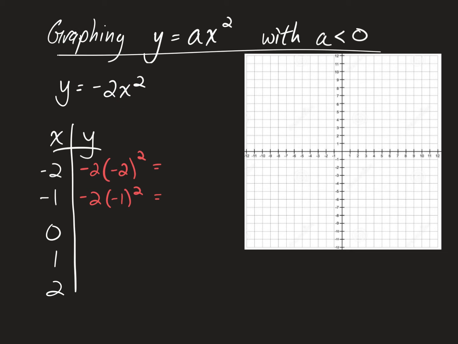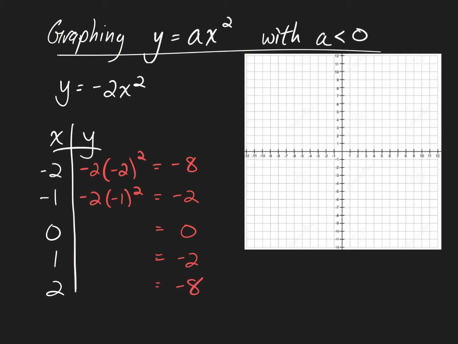From the last slide, negative 2 squared is a positive 4, but positive 4 times negative 2 is negative 8. And we can do the calculation here. Negative 1 squared is positive 1 times negative 2 is negative 2. And again, you can go through and do all the work for this.